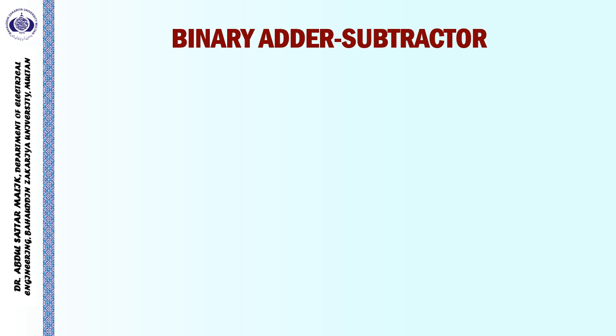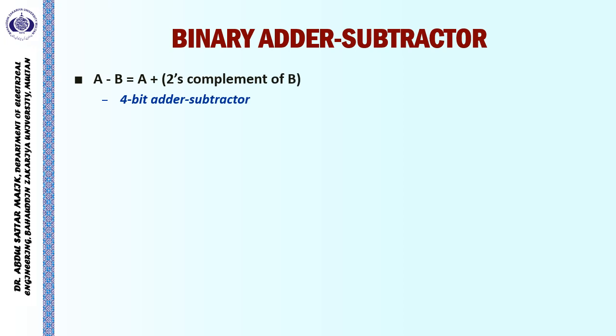From our knowledge about number systems, we know that the subtraction of a number B from a number A is actually the addition of the 2's complement of the second number to the first number. It means if we simply take the 2's complement of a number and add it to the first number, then the second number is actually subtracted from the first number.